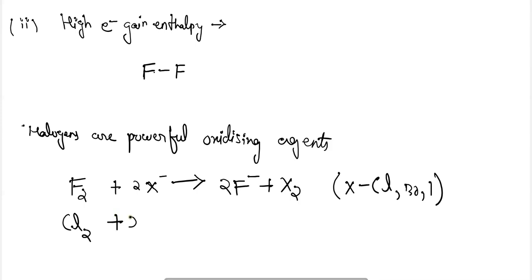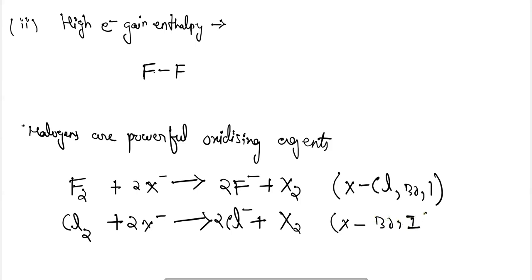For example, fluorine can easily oxidize the other halogens. Chlorine also has the same property; it can easily oxidize the halogens present below it.